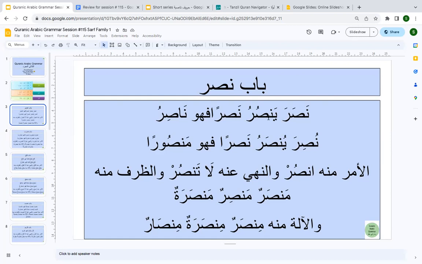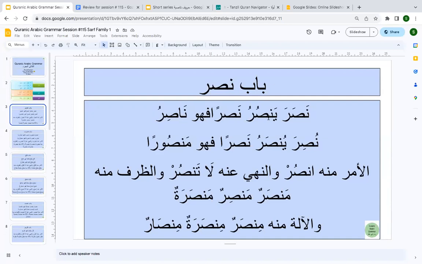So if your Ainul Kalima has a Fatha in Madi and a Dhamma in Mudare, the sub-tribe is Bab Nasara. The clan is going to be the Nasara clan. I hope you all are with me.